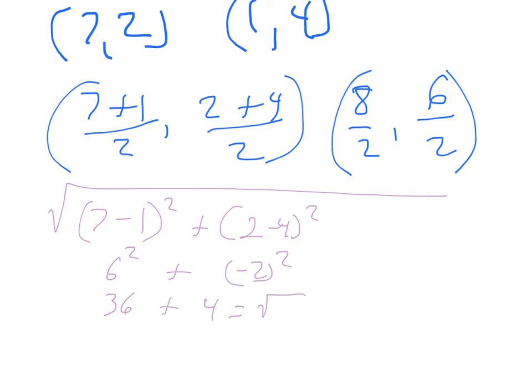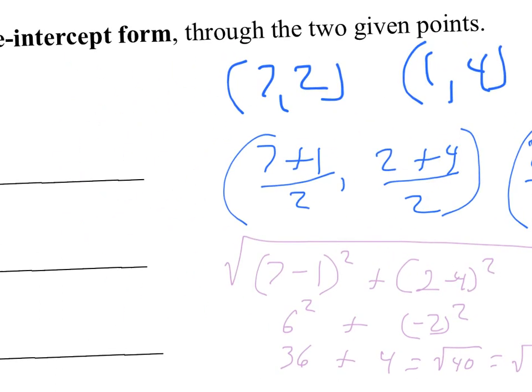We end up with radical 40, which simplifies to 4 times 10, which 4 is a perfect square, so we get 2 radical 10 as my distance.